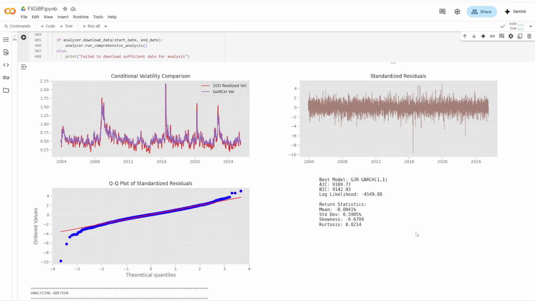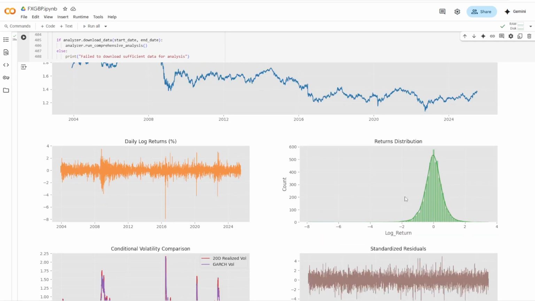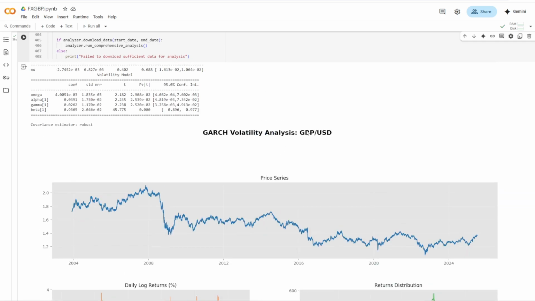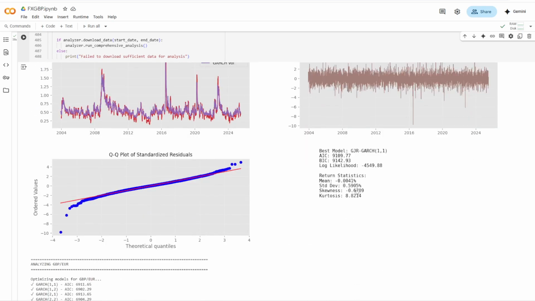Very useful because it tells us what is the best model, and the log likelihood, so how well the model fits. The AIC and BIC criteria are very large numbers, so the model fits very, very well. And the mean return is slightly negative. And the daily standard deviation is 0.59.